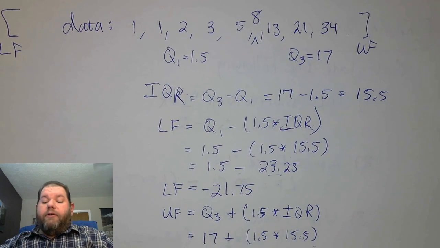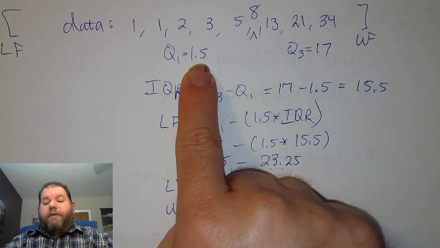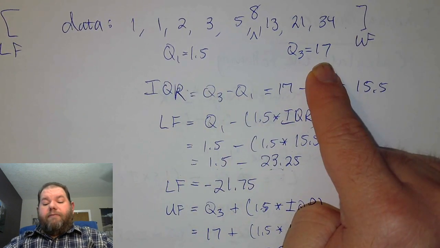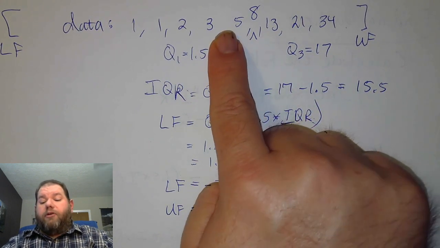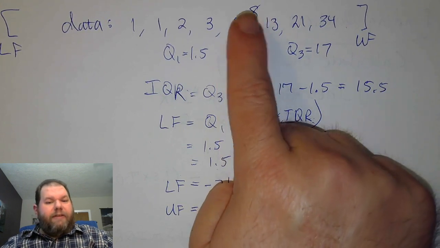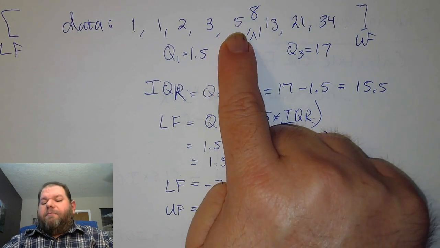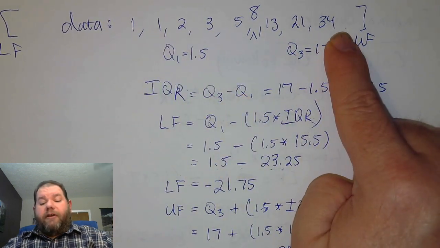And we found Q1 is 1.5. Q3 is 17. We calculated the median was 4, halfway in between. No, median is 5 because the 8's there. That's my bad. 5 is the median, 1 is the minimum, and 34 is the maximum.